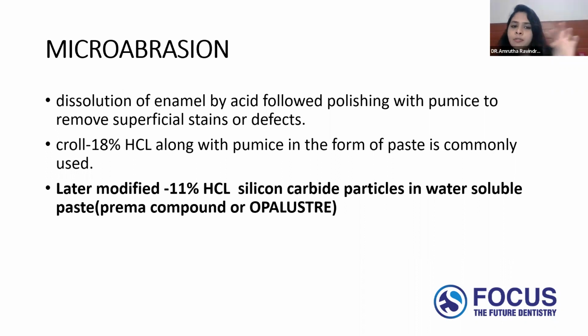This formulation is used in the present compounds for microabrasion, commercially available products like Prima compound or Opalustre by Ultradent. All these combinations have 11% HCl with silicon carbide as the abrasive particle.